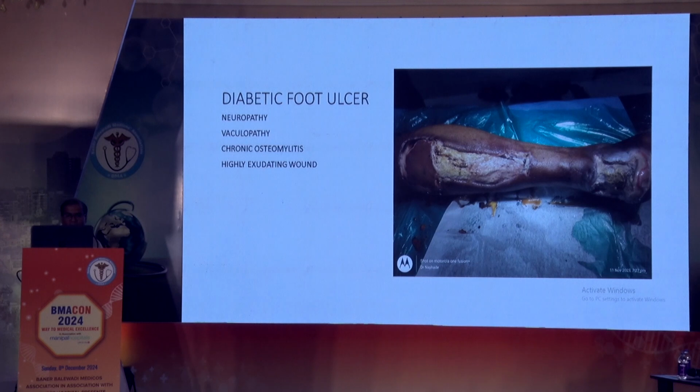Whatever you want to do, it will add to the problem. As shown in this picture, the patient has a tendo-Achilles injury. Reconstruction with a reverse sural flap was planned, but unfortunately even this reverse sural flap got some infection and ischemia.